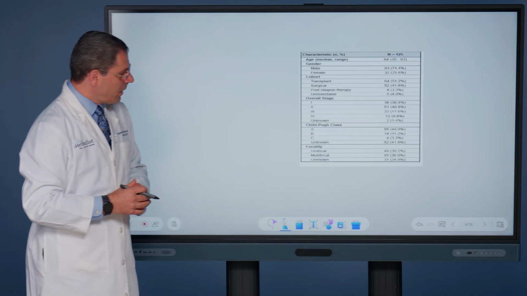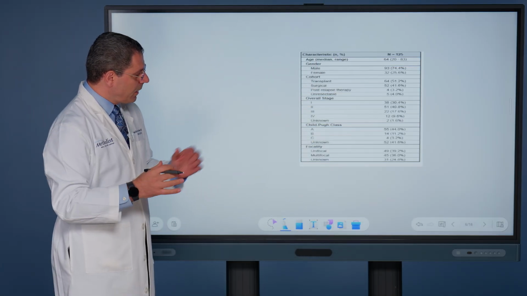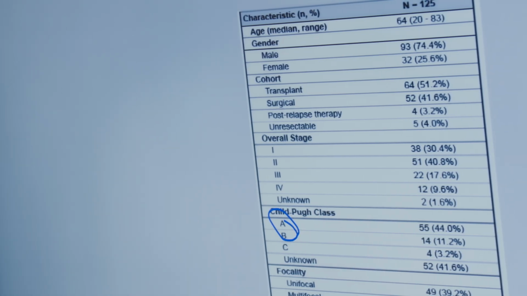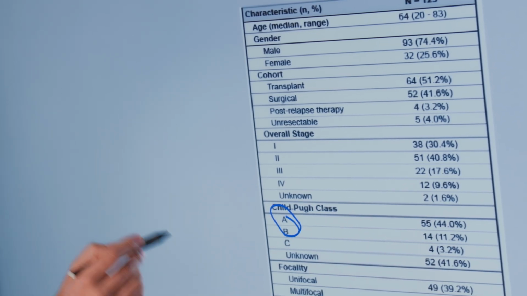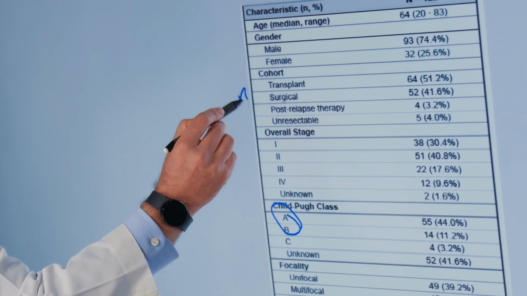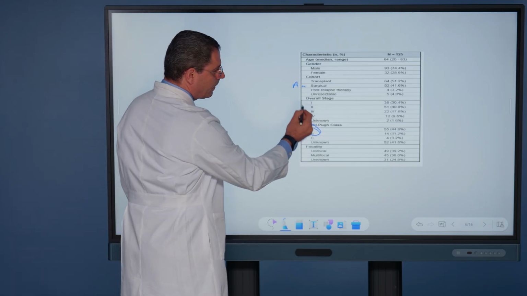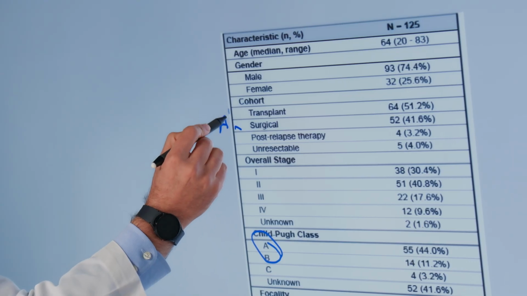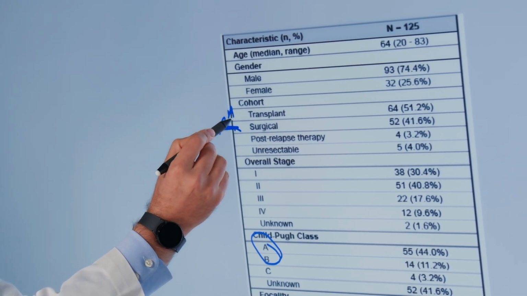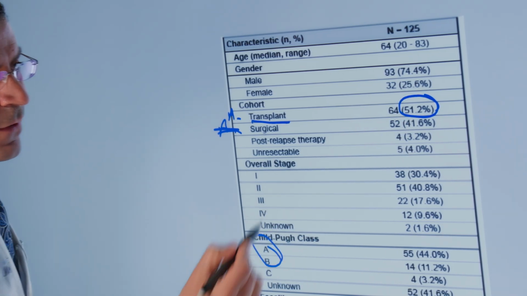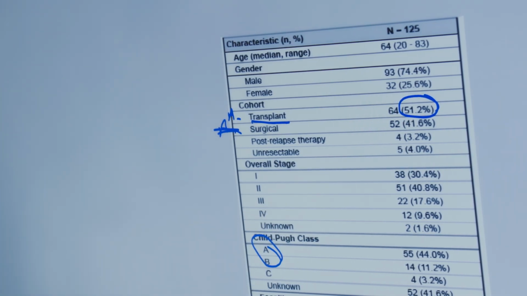This table shows our patient population. In general, most of the patients are Child-Pugh A and B. And as you can see, we have the 3 cohorts. Cohort A is a transplant patient population, which makes up 51% of the patients.